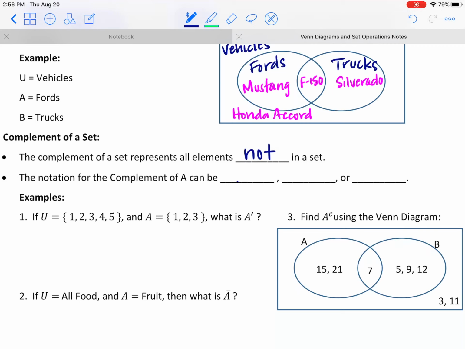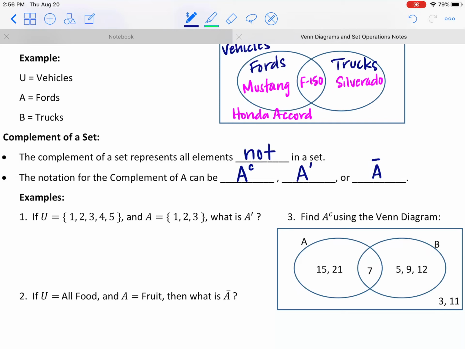So the complement of set A could be like this. A with it'll look like a little exponent of C. Or we could see A with a little prime notation. Or we could see A with a bar over it. All three of those would be read as the complement of A, or A's complement. Okay?